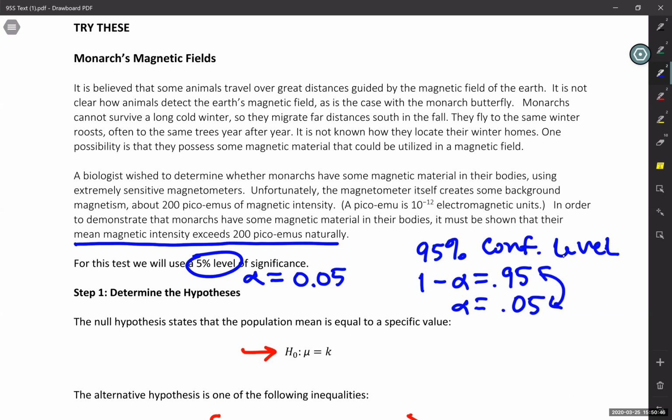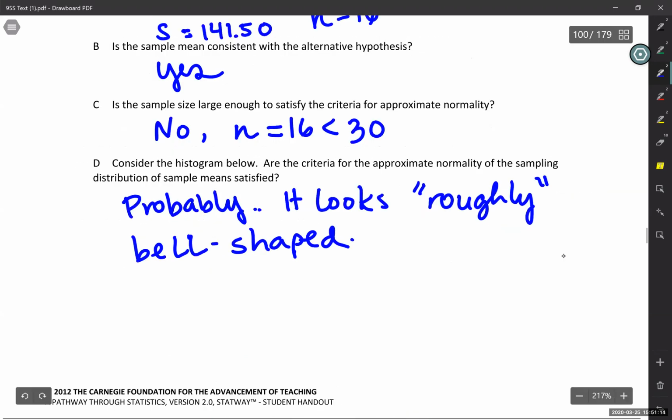So a problem you would see in chapter 8 that said a 95% confidence level will go along with a problem that you'll see in chapter 9 with a 5% level of significance. And so that is what we use for alpha. Now, alpha can change in the problem. It will tell you, or if it doesn't tell you, we'll use 0.05. That's the most common. I'll write that down when it comes up. Okay, but alpha is 0.05.